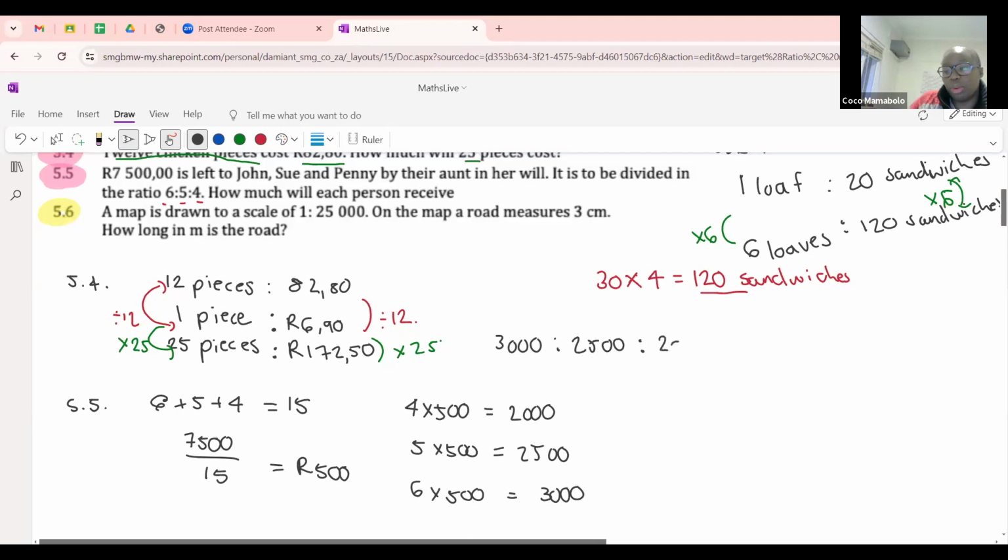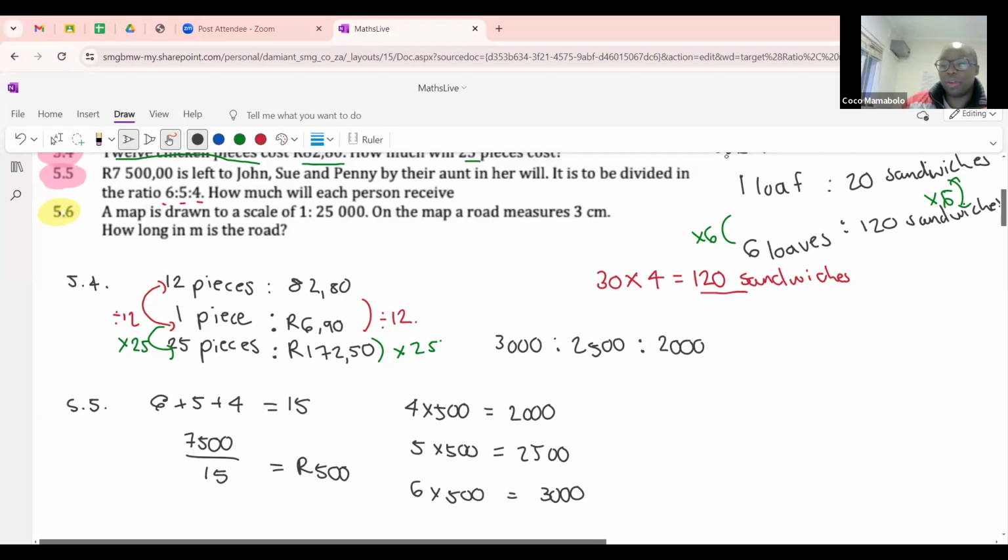Beautifully said, my darling. Well done. That's 100% correct, and that was a long process. You got every single step correct. Very nicely done. Well done, Emihle.